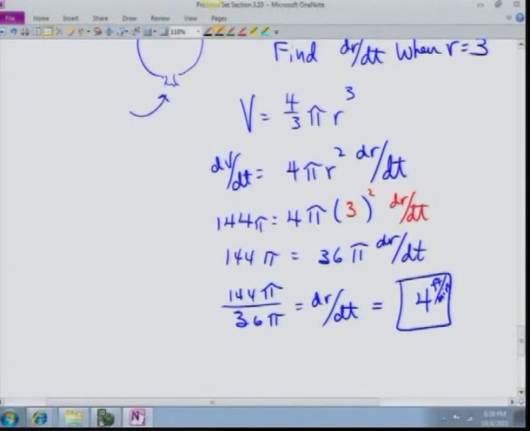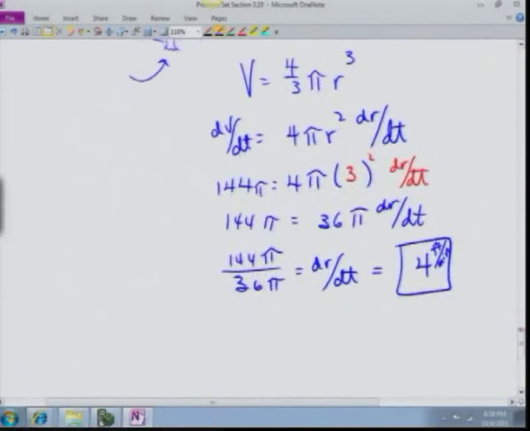And then you got to do the surface area. Did you already do that? 4 pi r squared.